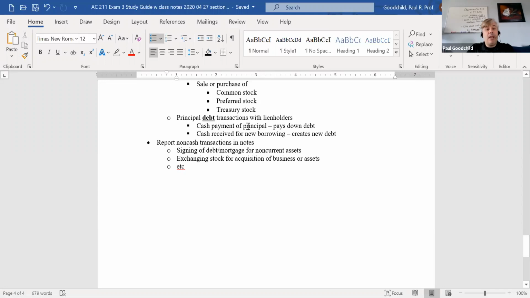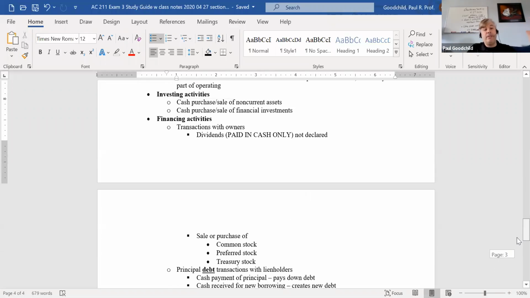So this would be the payment of principal. This reduces the amount of money that you owe, and new borrowing. So when you borrow more cash. And so those are only the transactions associated with the debt, not the interest expense. That's up in operating. And this is only the company's payment of dividends.